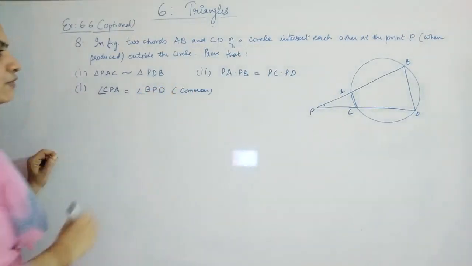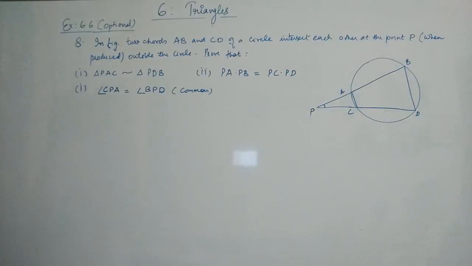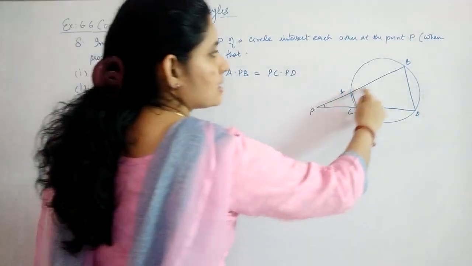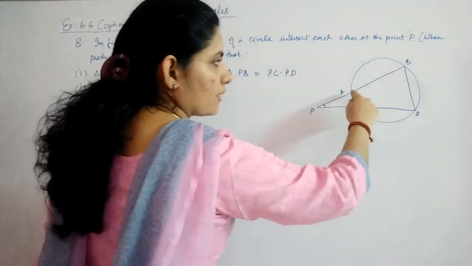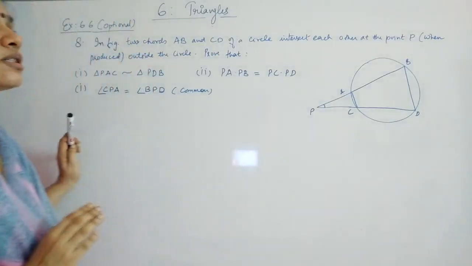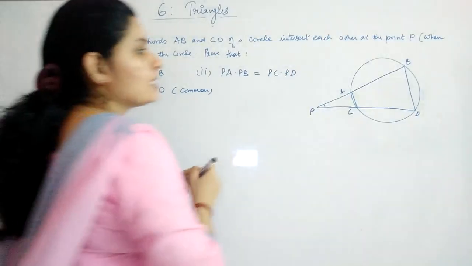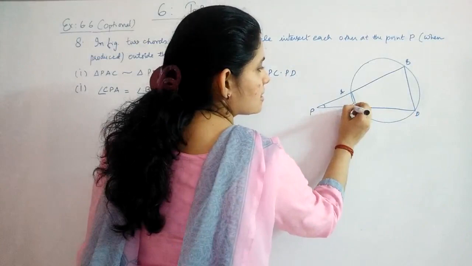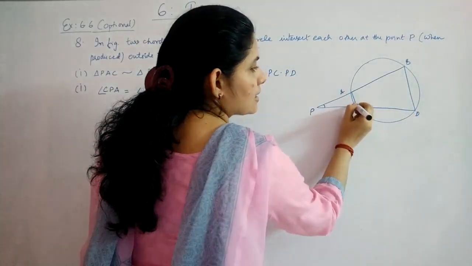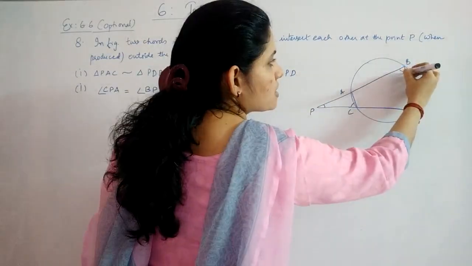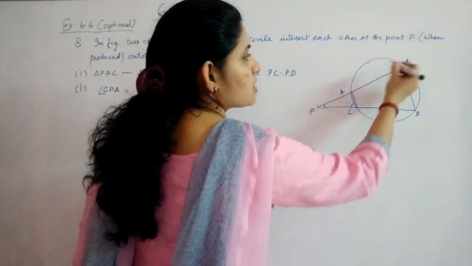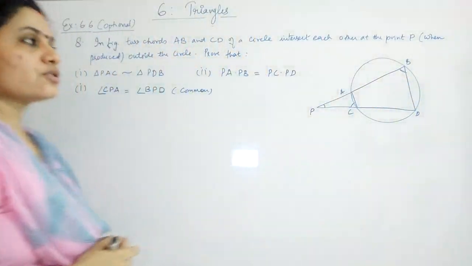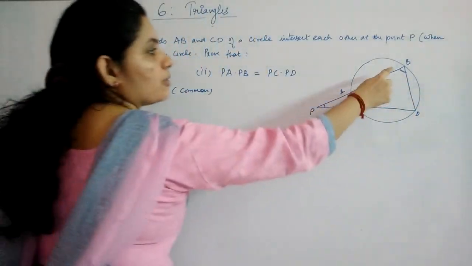Then one more you have to get, and for that concept we are using, since ABCD is forming a cyclic quadrilateral, we have the result that this is acting as an exterior angle for the cyclic quadrilateral, right? And exterior angle will be equal to the opposite interior angle. So the opposite interior angle is this angle B. So you can say that these two angles will be equal.